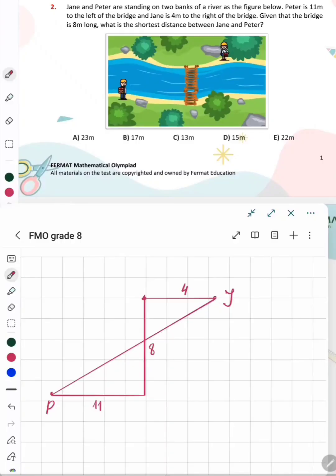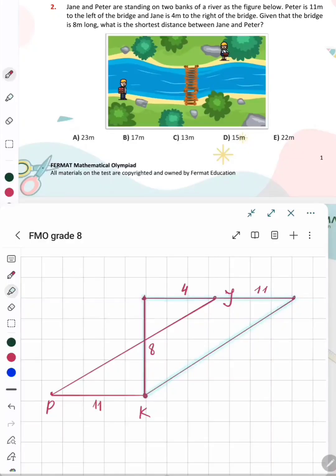Let's connect the points. So if we shift PJ to this point, what happens is that the distance P, let's call it K, will reflect here, yeah? So this 11 goes here and we will get a right angle triangle.